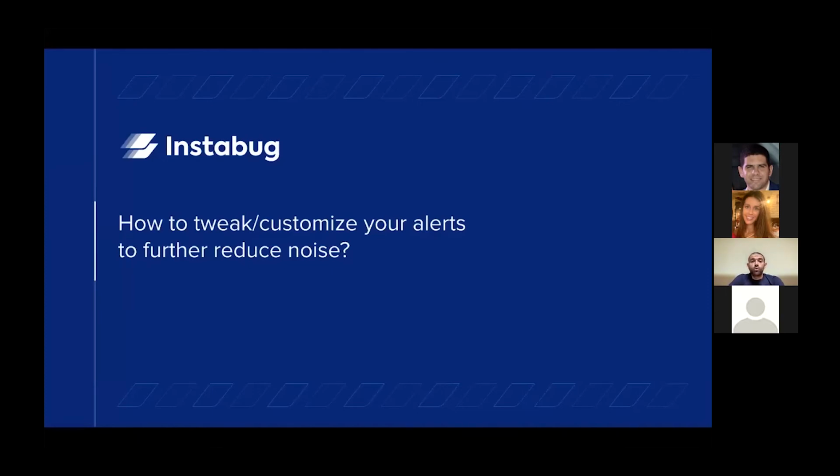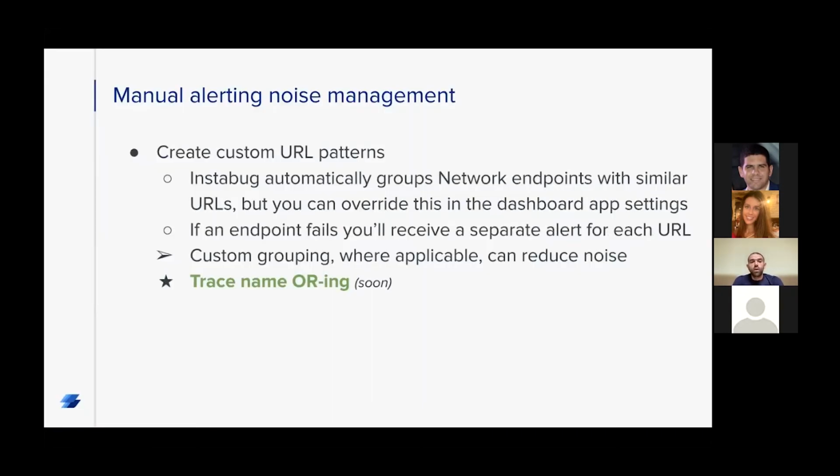Now, how can you tweak or customize the alerts to further reduce noise, even over Instabug's infrastructure? One thing you can do manually is creating custom URL patterns. I'm going to show you in the next slide how to create it. Just to recap, Instabug automatically groups together network endpoints with similar URLs, but you can override this in the dashboard to group different network endpoints as you'd like.